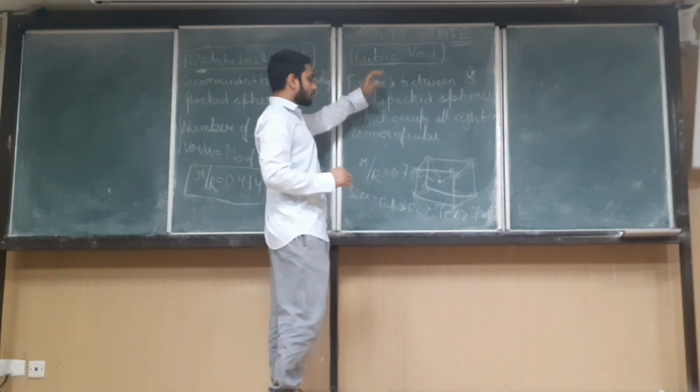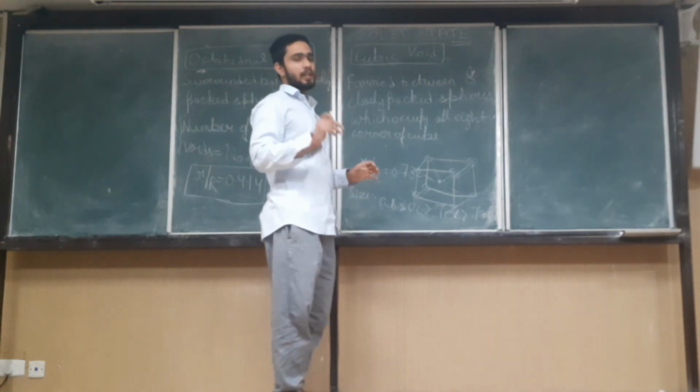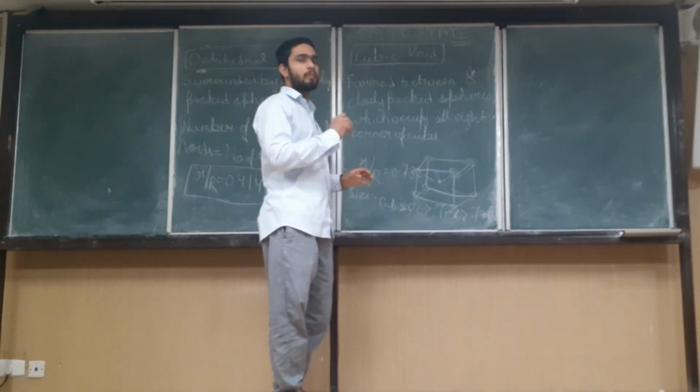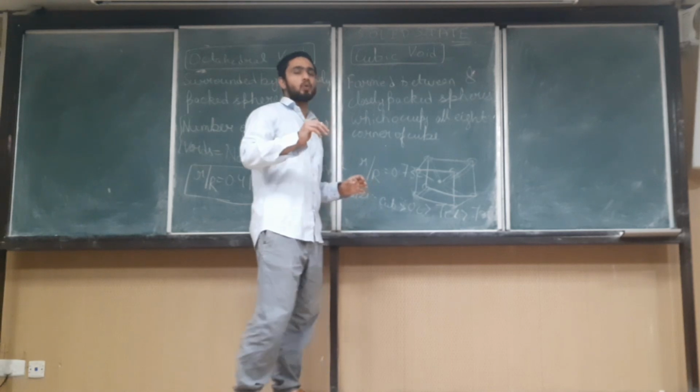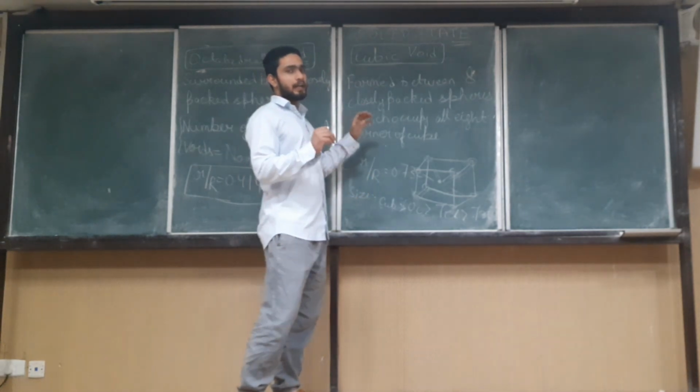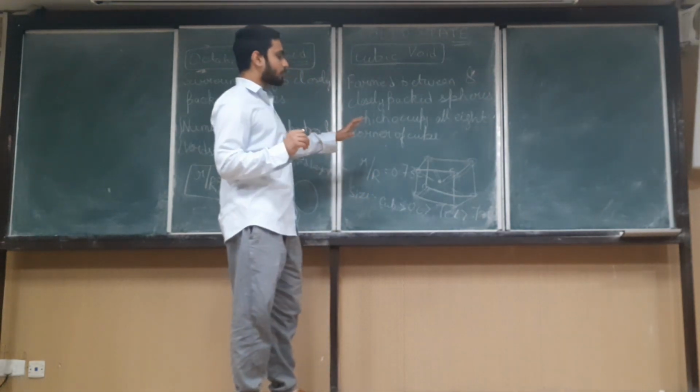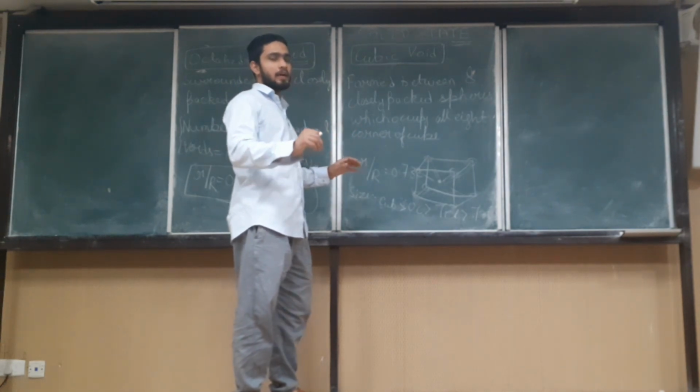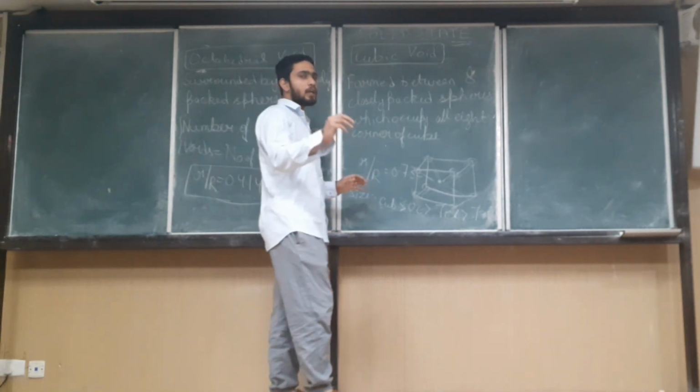The number of atoms involved in forming a cubic void for a particular cube is 8. 8 spheres, or 8 atoms, are involved for forming a cubic void.